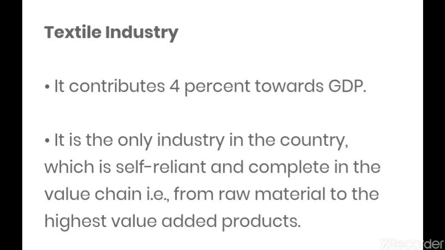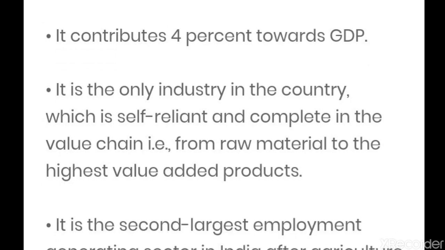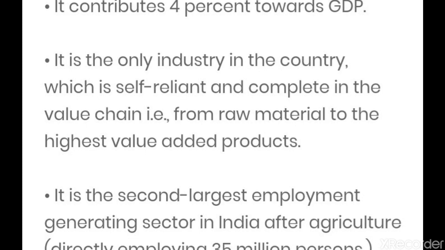It means from raw materials to the highest value added products, all these things are produced by this industry. They are producing the raw materials themselves, and finished goods are also produced by them at the same time. So it is not dependent on anybody, on raw materials as well as the finished product.